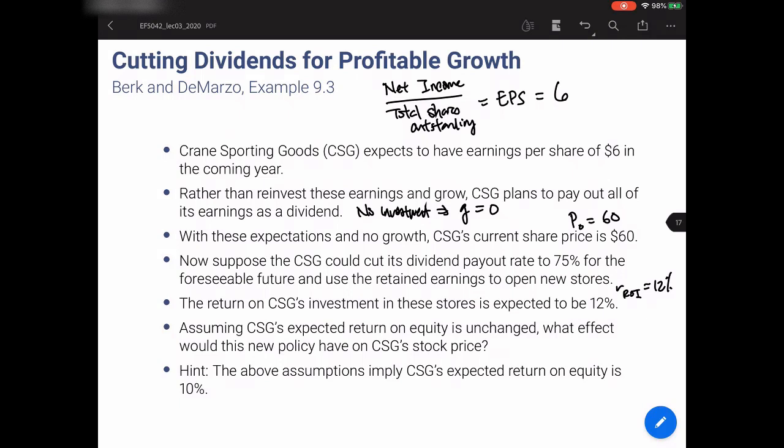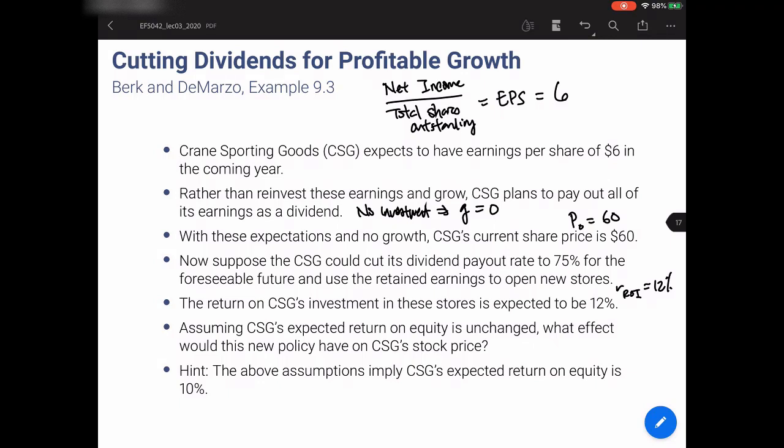So there's kind of a hidden hint here. If you look at the second bullet, the above assumption implies that CSG's expected return on equity is 10%. So that means that we should be able to derive the cost of capital based on the information given to us, and then we can still use that cost of capital to come up with a new valuation for this firm.